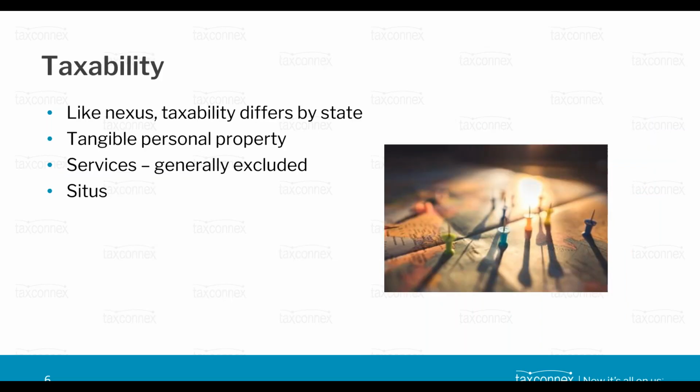By having nexus or triggering nexus or meeting that nexus threshold, that doesn't necessarily mean that you have a sales tax issue. It doesn't even mean you have a sales tax responsibility, or even that you might even have to comply or register for sales tax purposes. It simply means that the state has authority to impose its taxing laws on the business activities.